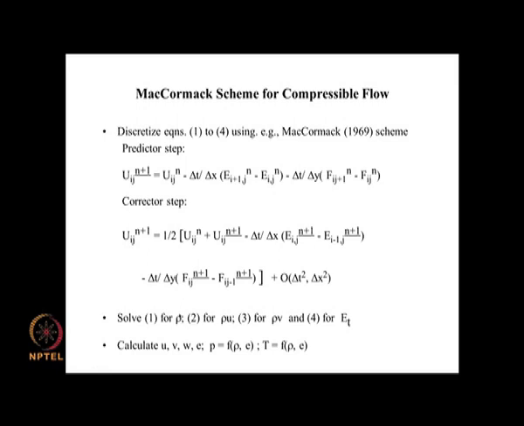Since we have rho from the first equation, we can substitute this here and we can get u, and we can substitute in this and we can get v, and E_t is rho e plus half rho v square. So, we know rho and we know the total E, and we also know u and v. From that you can get e, and once you get the internal energy and once you get rho, you can get pressure from the equation of state as a function of rho and e.